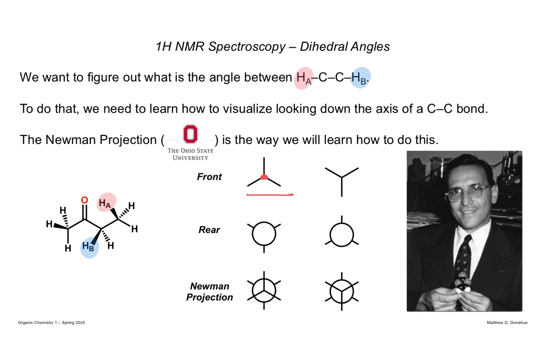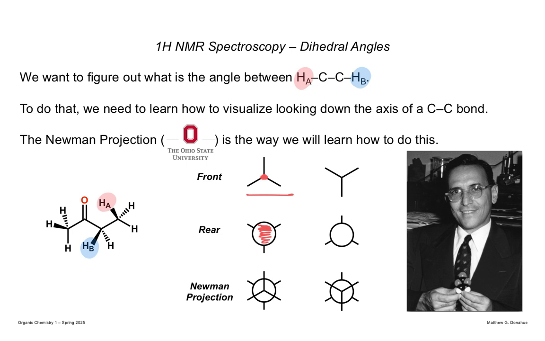Or you can draw it the other way where you have a bond going down like that. So either way. Now the rear carbon is shown by the circle. So I'm coloring that in red. So you have this front carbon, you can see the substituents. Now the circle is the back carbon in my left hand.